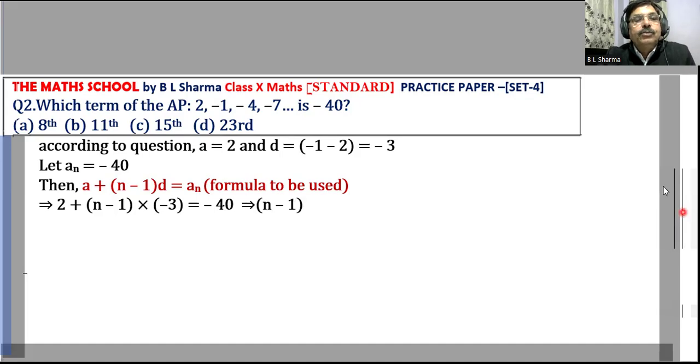So n minus 1 into minus 3 is equal to minus 40 minus 2. You transpose this 2 from left to right side, it becomes minus 2. So minus 40 and minus 2, that is minus 42. Now what to do? We have this equation.